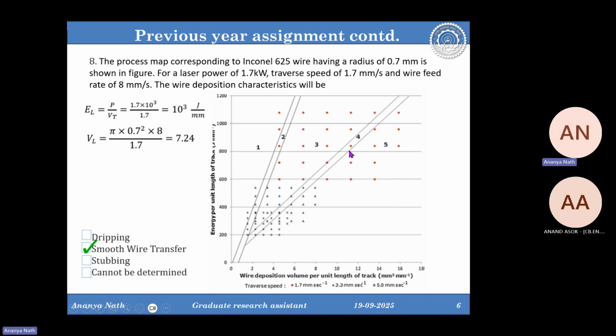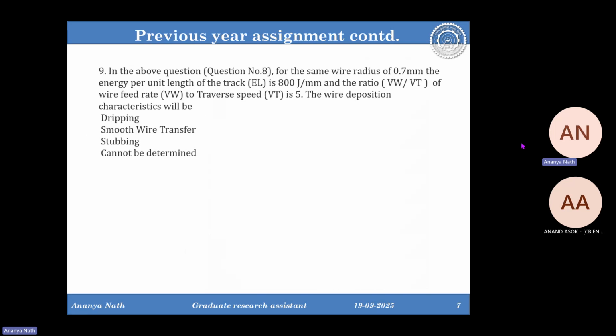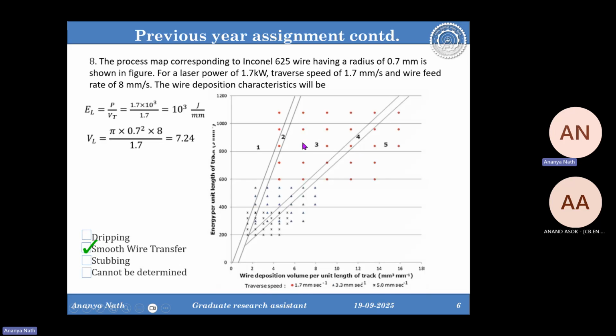Which zone indicates which type of transfer depends upon what the VL value is with respect to the traverse speed. And the detail of this is given in the second PDF. So you can find where we have to select stubbing, where dripping will come, or where the other modes of transfer can be selected. Here, as it's coming in the middle zone, it's the smooth wire transfer.